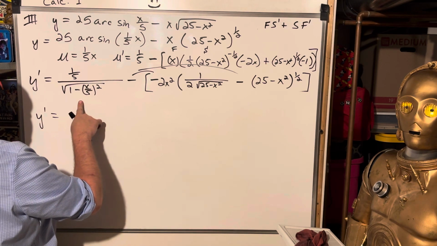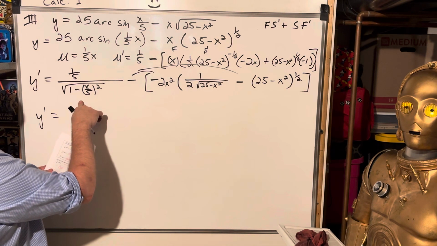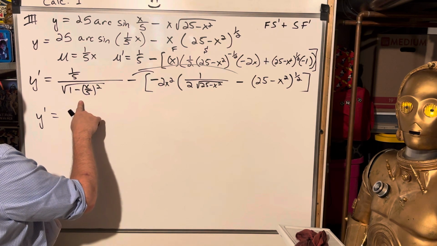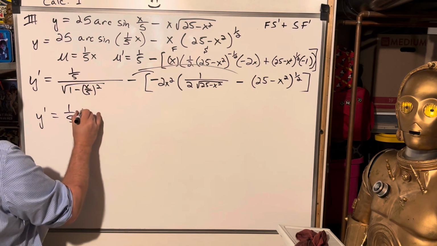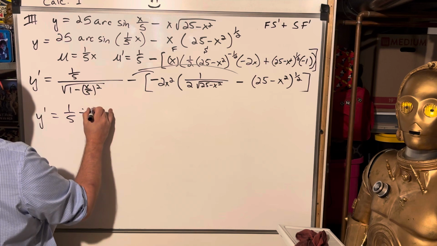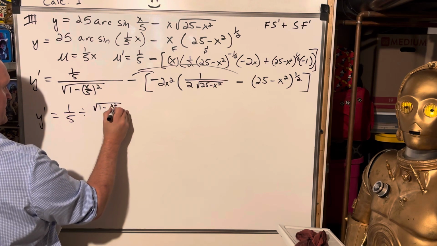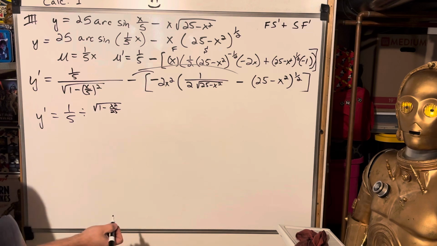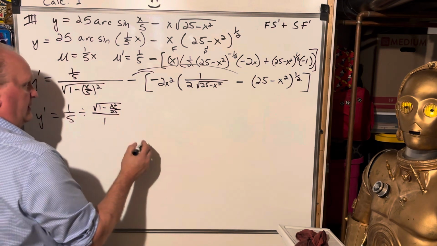divided by this, which is going to be multiplied by the reciprocal, right? So 1/5 divided by the square root of 1 minus x squared over 25 over 1.